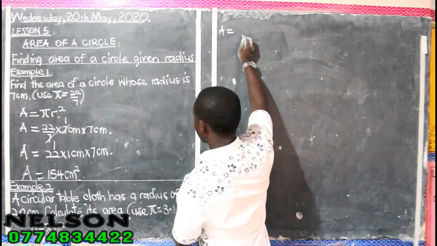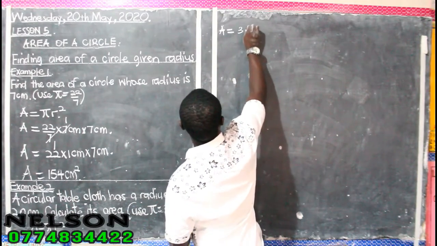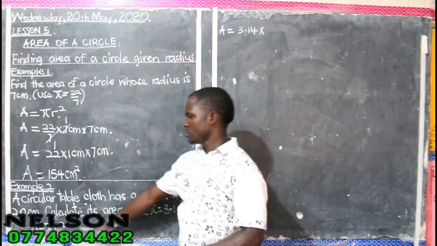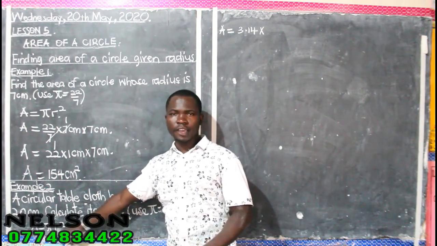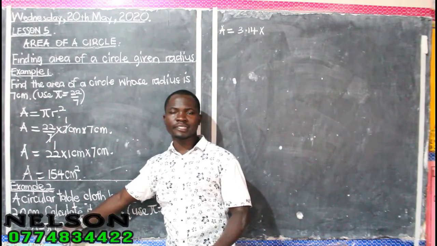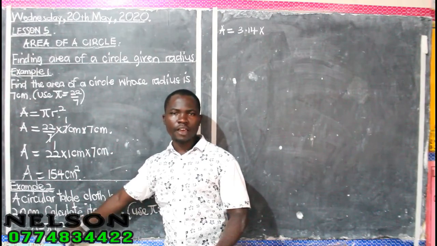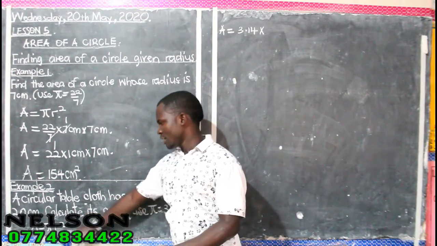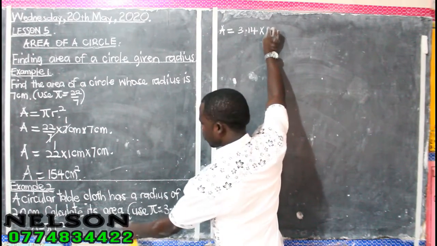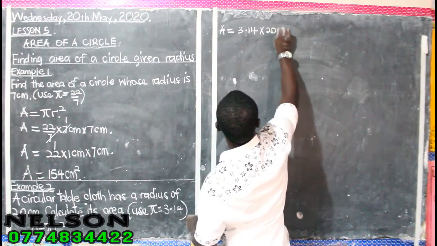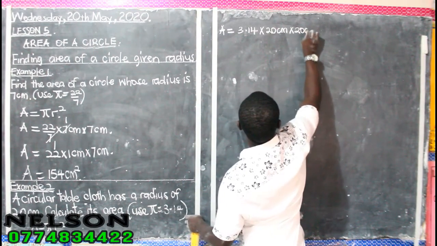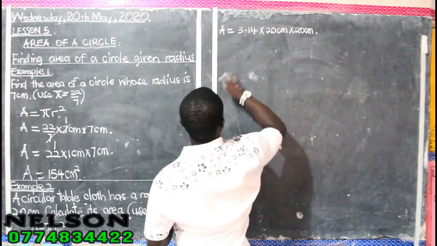So our pi here is 3.14 times r squared. We said r squared means that you have to multiply this r twice, r times r, and r times r will give us here 20 centimeters, and then also 20 centimeters.